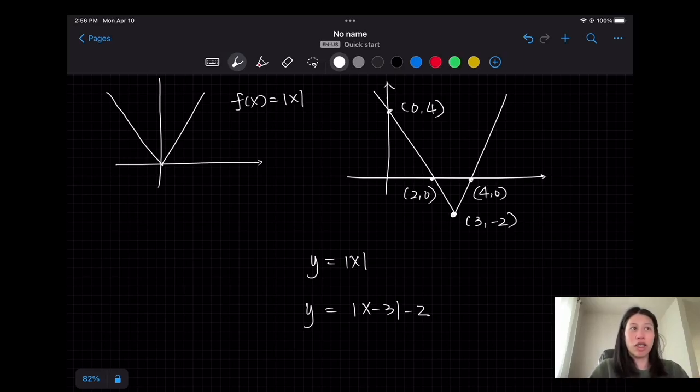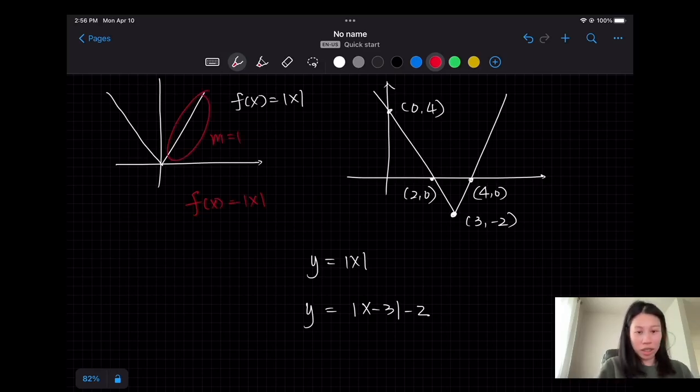Now we need to take a look at the vertical stretch or the horizontal stretch. Look at this graph. How do you determine if this is a vertical or horizontal stretch? Well, we can take a look at the slope, because the original function is f(x) equals the absolute value of x, which means on each side the slope m should equal 1.